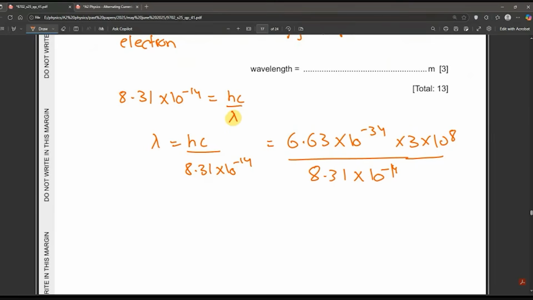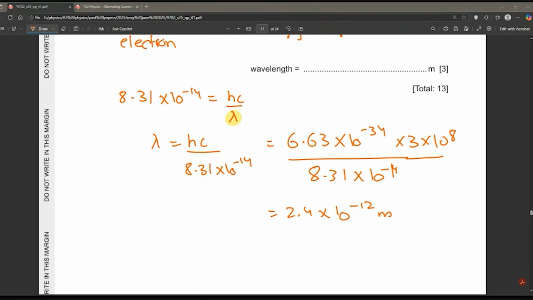What does your answer comes out to be? 6.63, 10 is the power of minus 34 into 3 into 10 is the power of 8 divided by 8.31, 10 is the power of minus 14. Your answer comes out to be 2.4, 10 is the power of minus 12 meters.